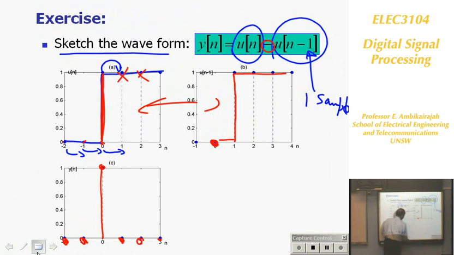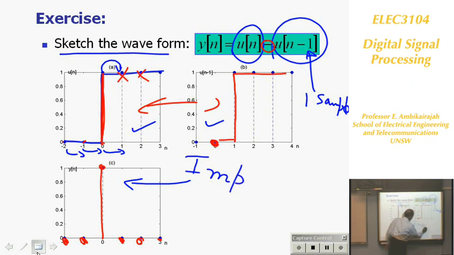So this sequence manipulation is to get another waveform from a standard waveform. This is a standard waveform. From that, you get a new waveform. This has a special name. This is called an impulse. Impulse means it has only one value at n equals 0 and is 0 everywhere else.